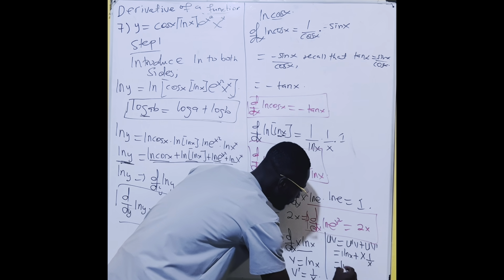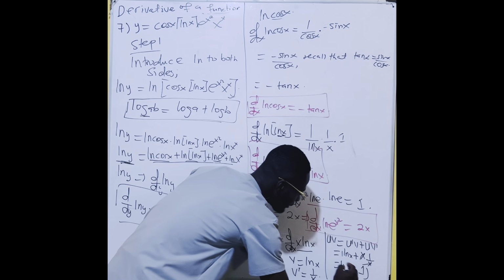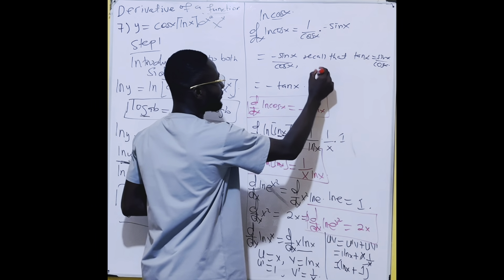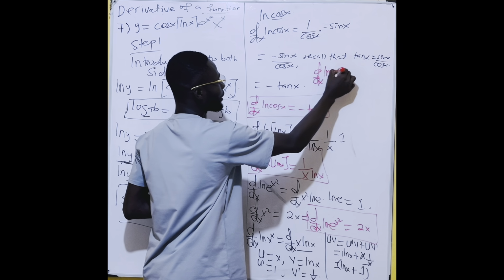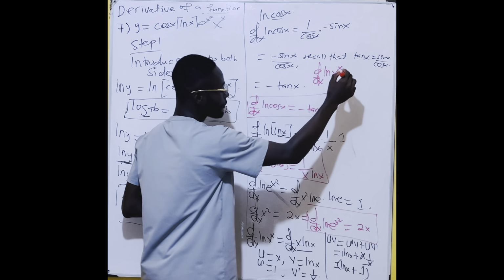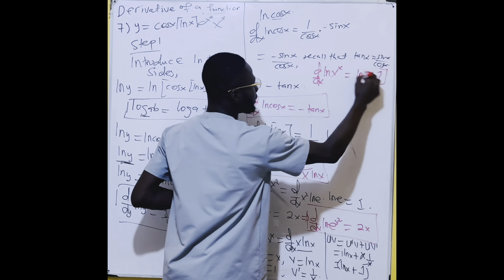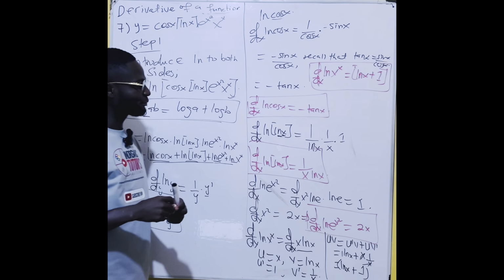So in all, we have ln x plus, this cancels this, we have 1 here. So that means that the derivative of ln of x to the x is equal to ln x plus 1 here.